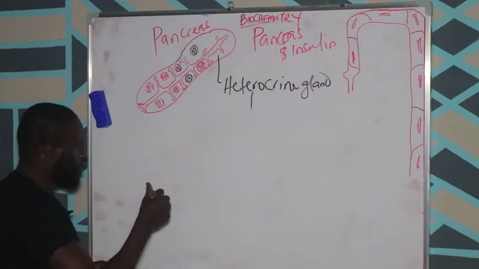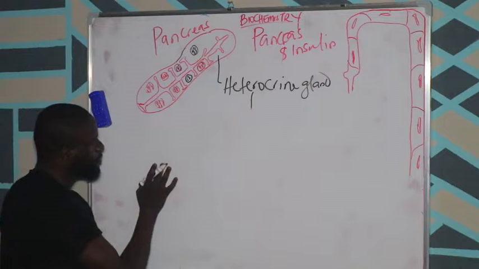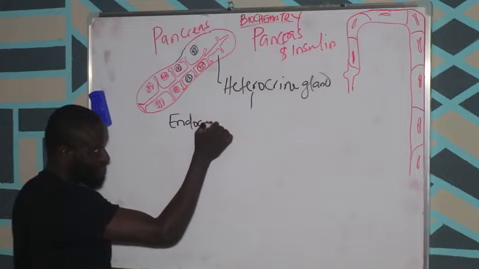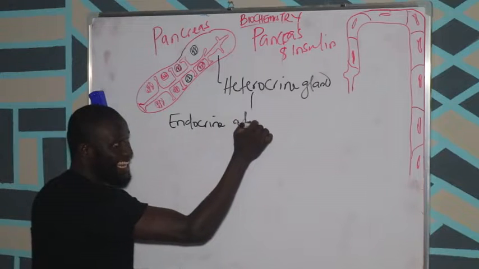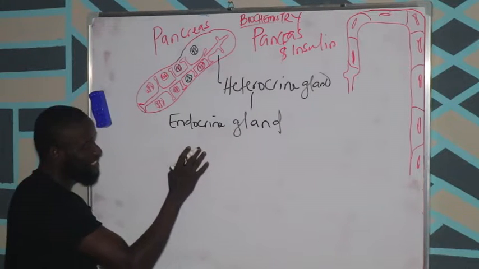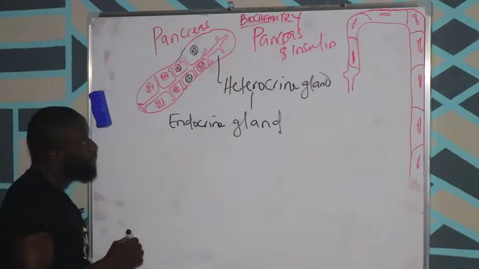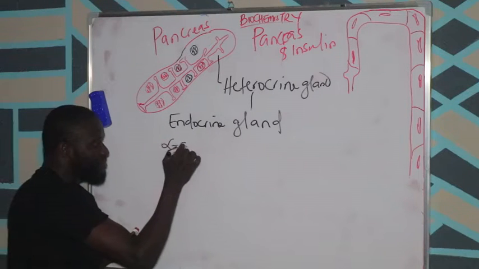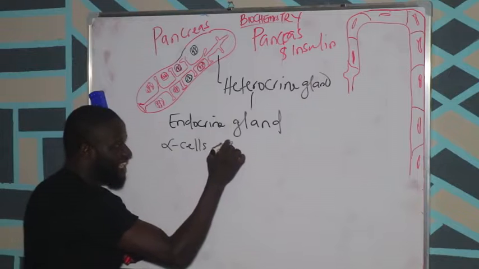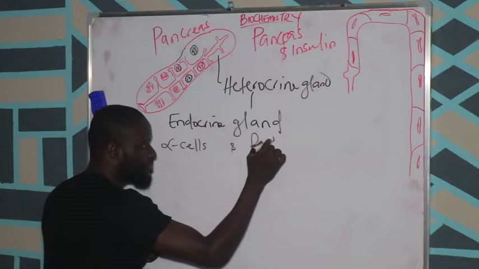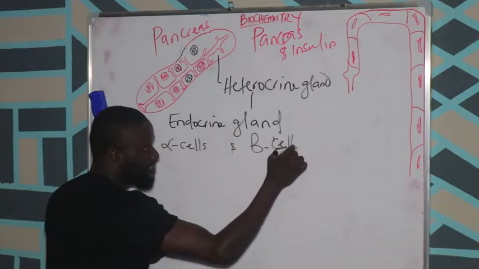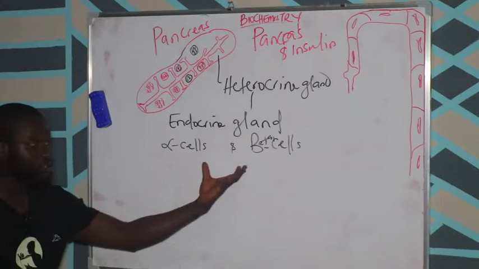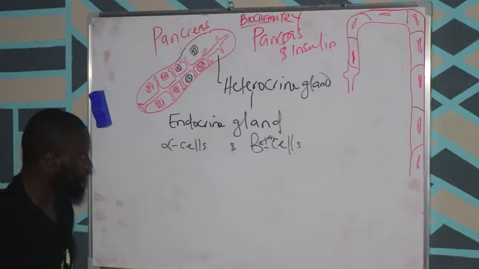So before insulin is produced, I told you the endocrine gland constitutes alpha cells and beta cells. So let's keep our focus on this, the alpha cells and the beta cells.